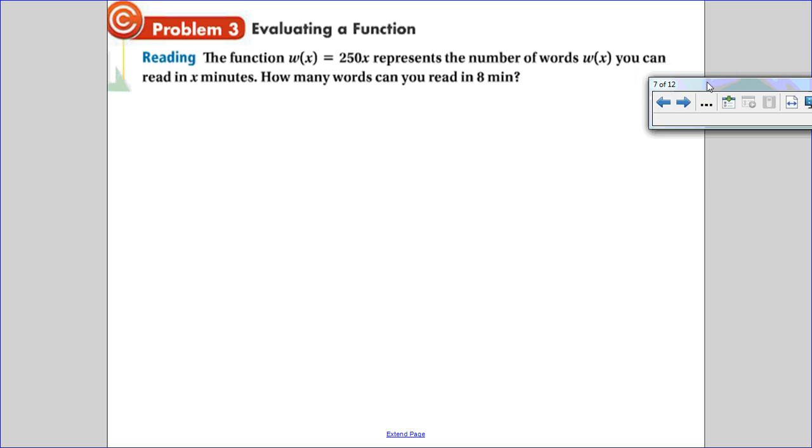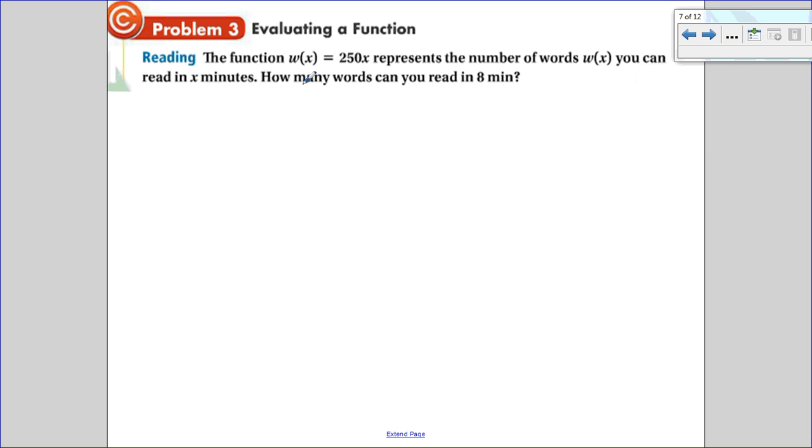The way that we use this is very much the same way you would if it was just a normal equation. Your function is w of x equals 250 times x, where it represents the number of words you can read in x minutes. So instead of w, they use w of x. How many words can you read in 8 minutes? So what you do is write w of 8 equals 250 times 8.